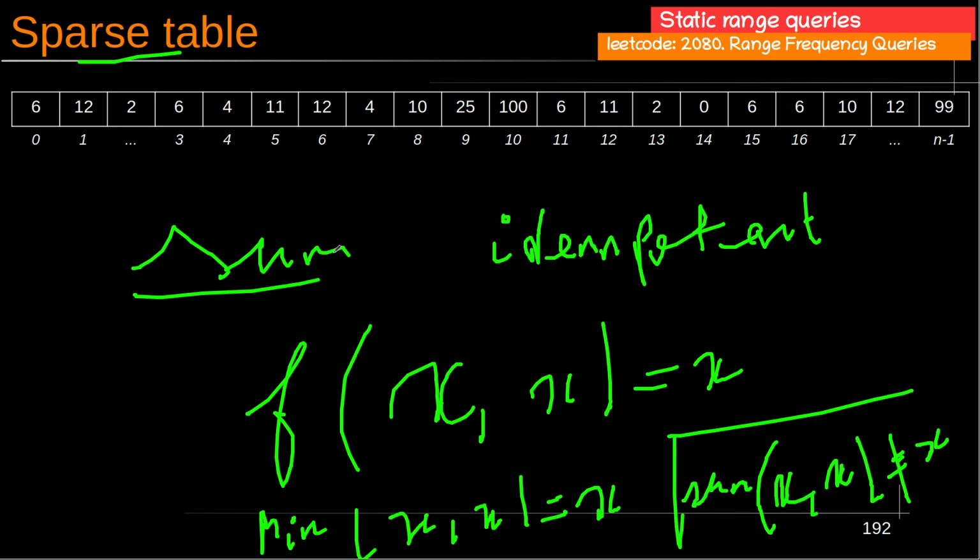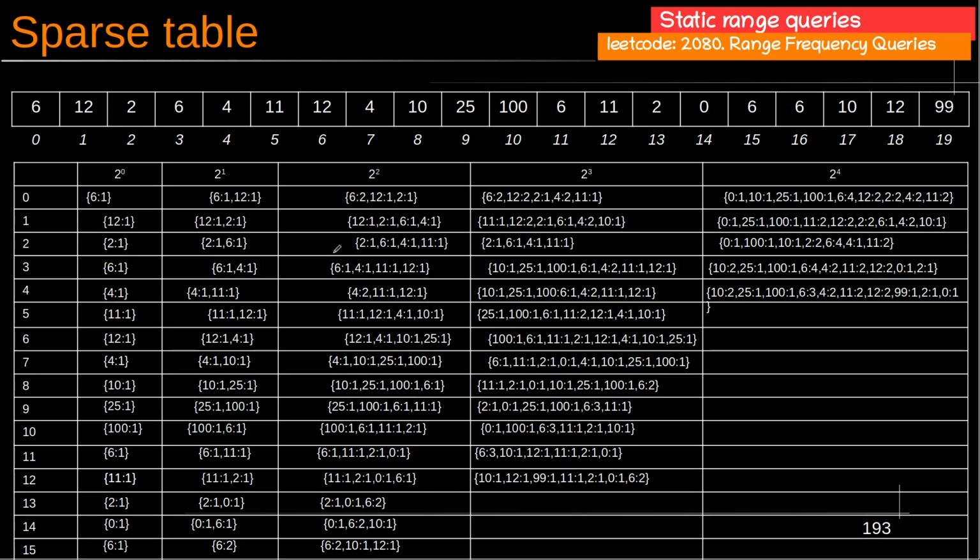If we are not convinced, we can try to use it and see what happens here. Of course, to build the sparse table, you know how to build it normally, because we have seen this in detail in this lecture.